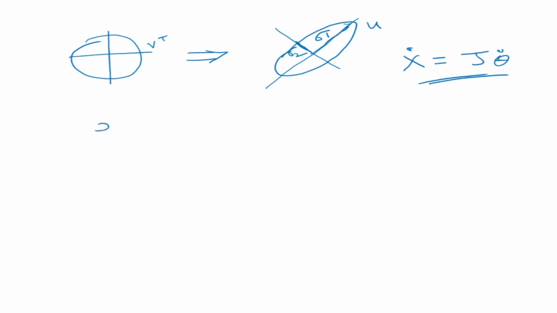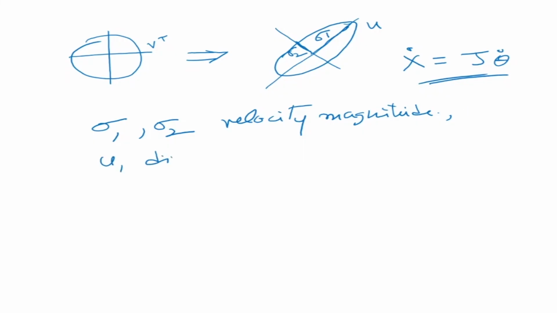Now, sigma 1 and sigma 2 is essentially indicating velocity in magnitude. Okay, and u is giving direction. Direction in space.